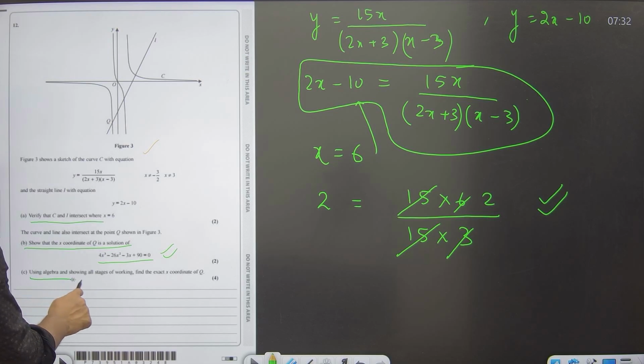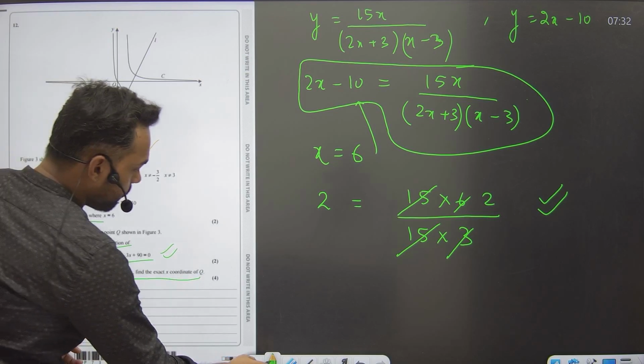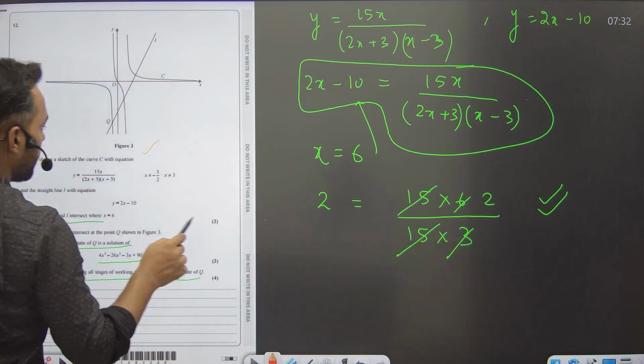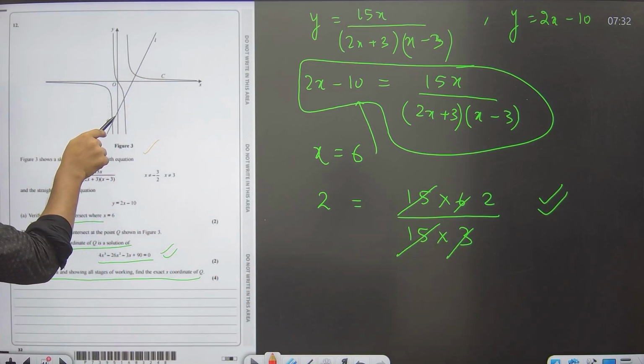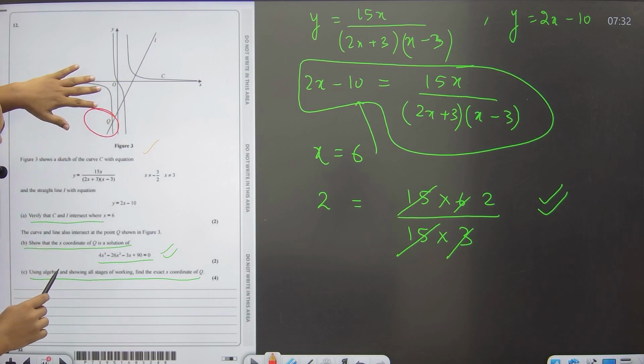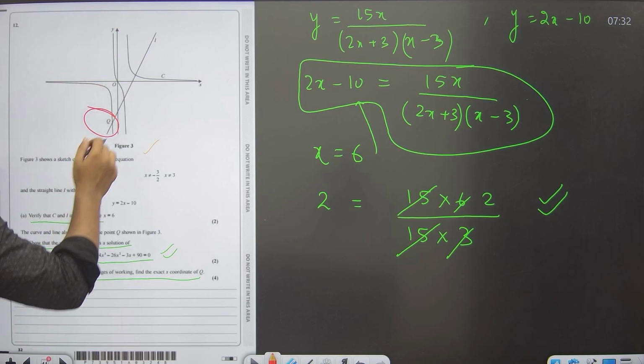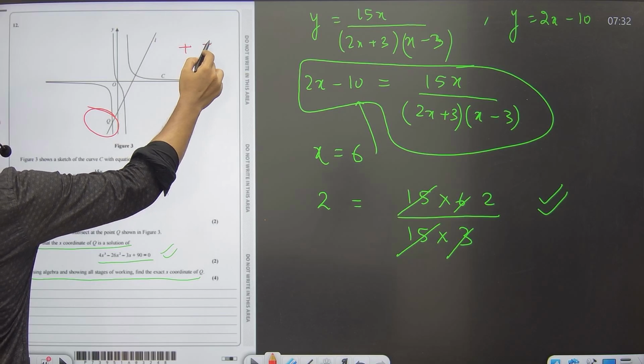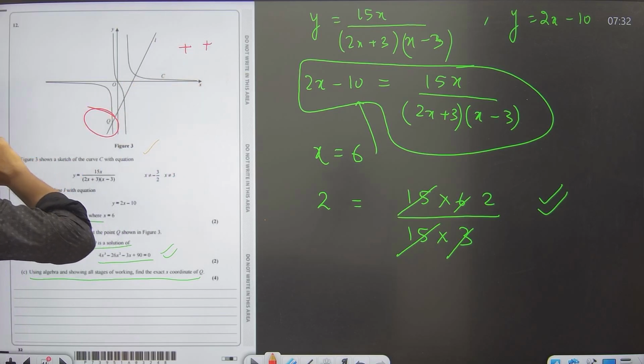Now using algebra and showing all stages of working, find the exact x coordinate of Q. So for the Q part, see student, this is the point where Q is intersecting the particular line. If you see this carefully, here both x and y will be positive.